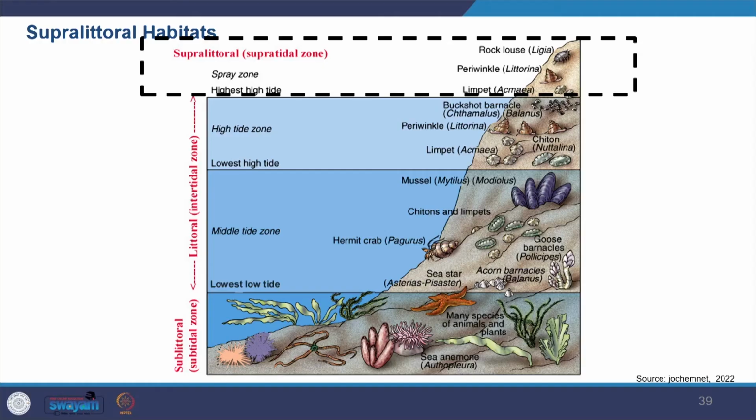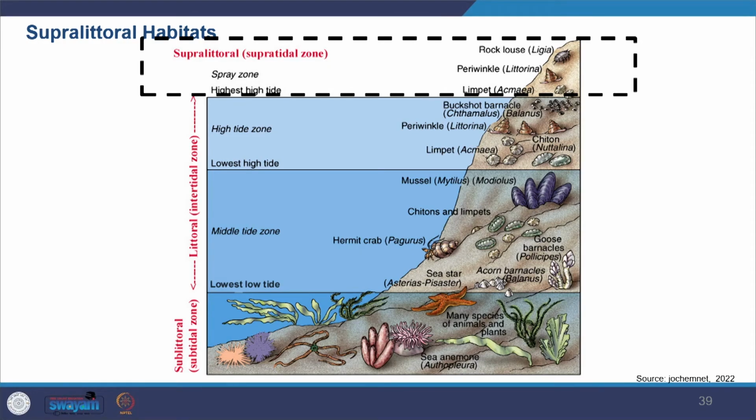So now looking at what kind of habitat really exists in all these three layers we talked about. The supralittoral habitat, that's the image which we saw.